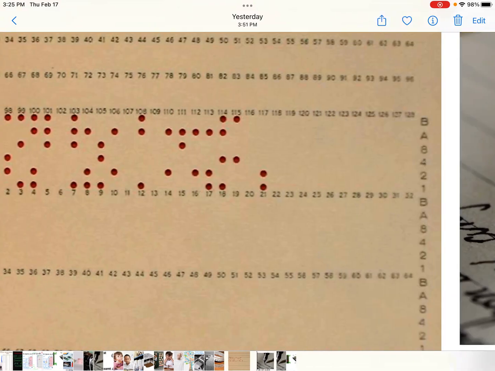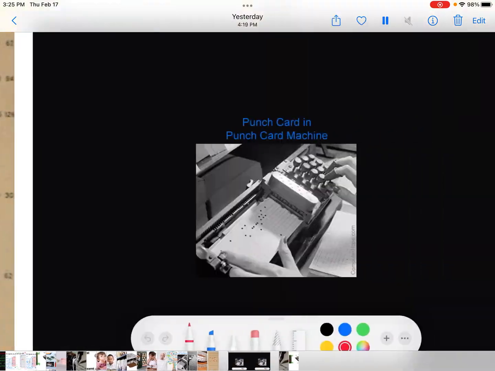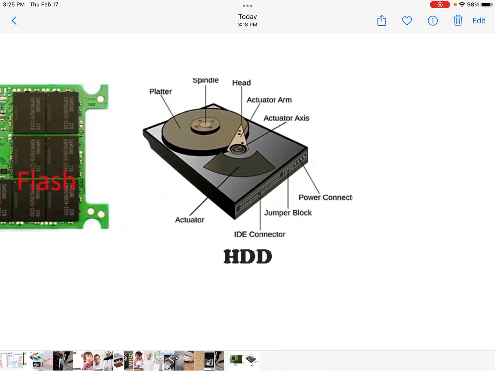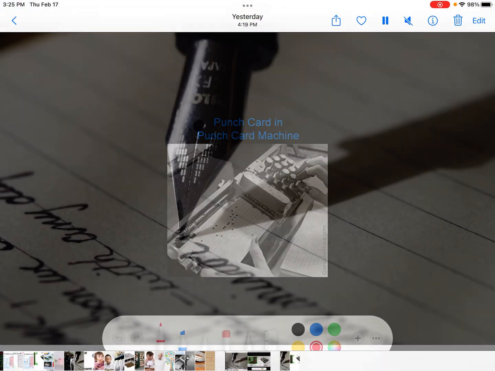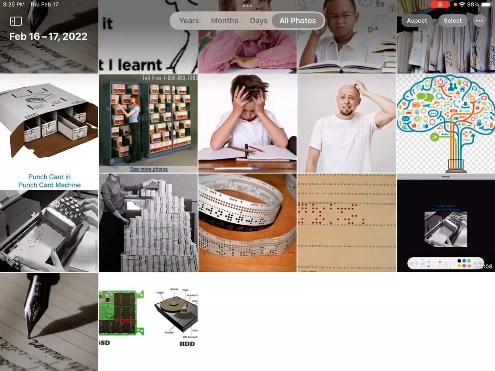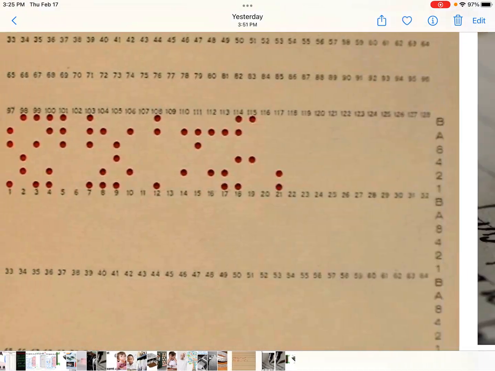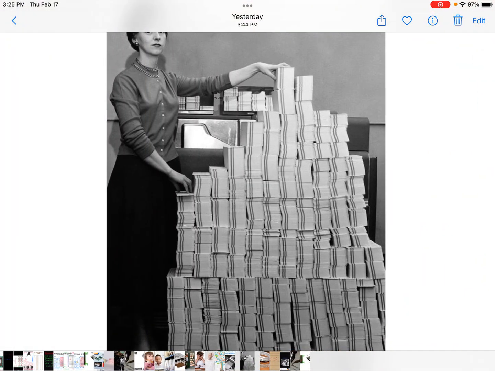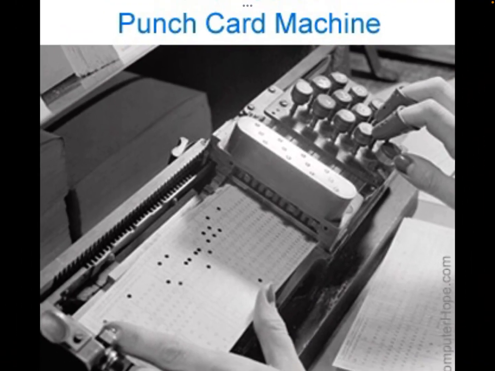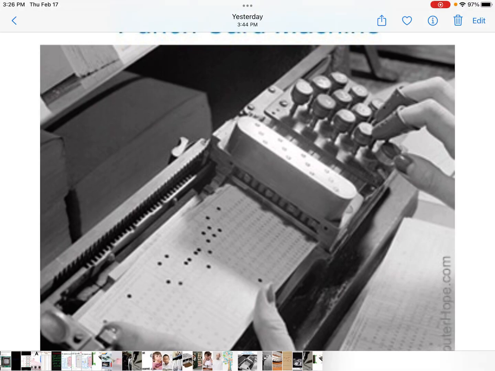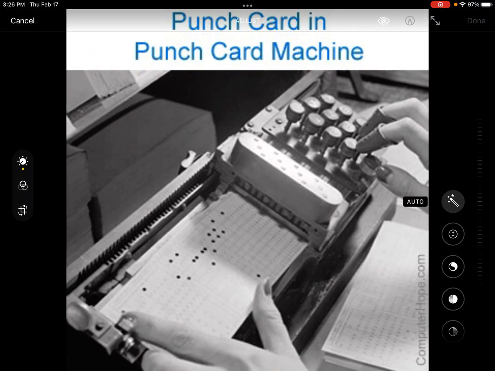So, here's the first kind of computer. You see over here, this was the first generation of machines that saved information. These are called punch machines.